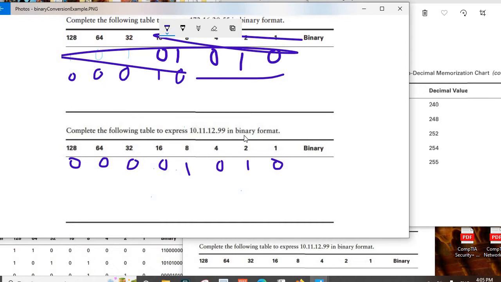They should have gone through part of the chapter and expressed how to fill out these tables like I'm doing here. Like going, 10 minus 8 gives you 2. The next largest number is 2 there. Okay, and then you just zero it out. And so that would give you 1, 0, 1, 0 to give you 10.